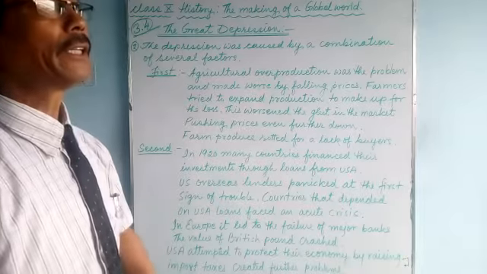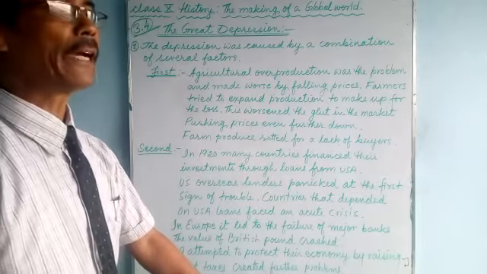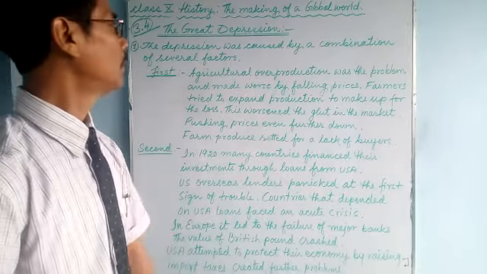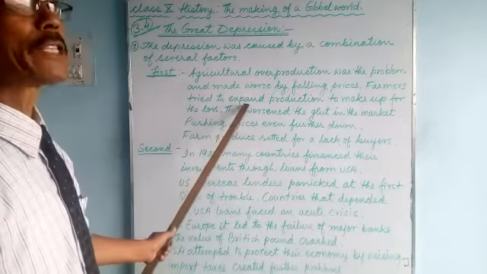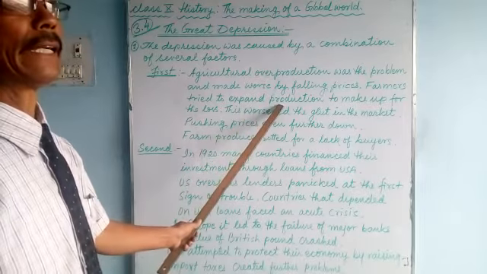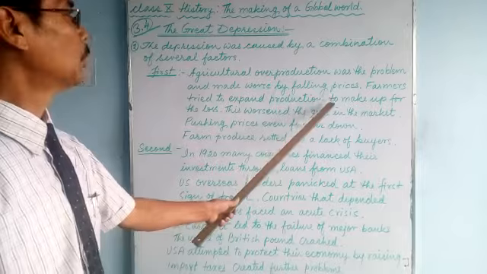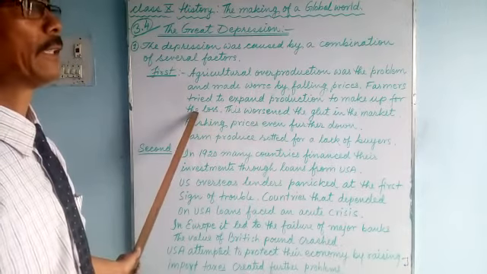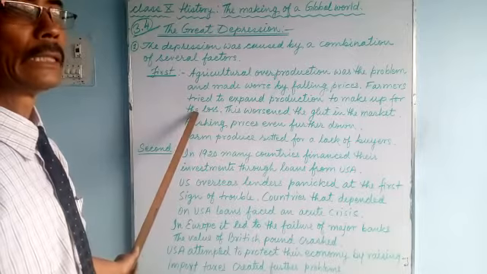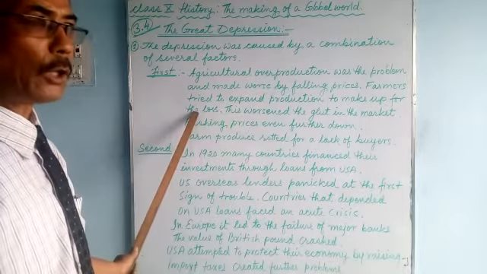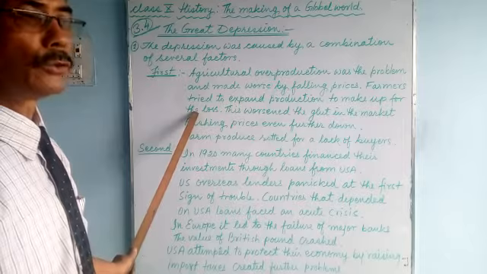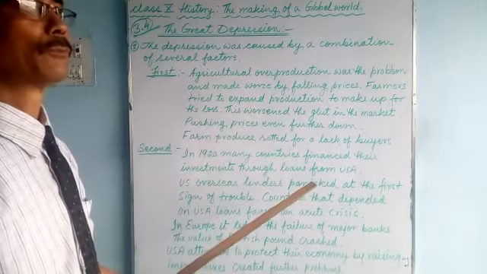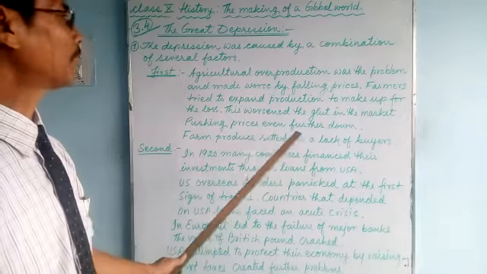They borrowed money, they took loans from the banks and invested in agriculture, hoping that they will make up for the loss, because in the market the prices had decreased.